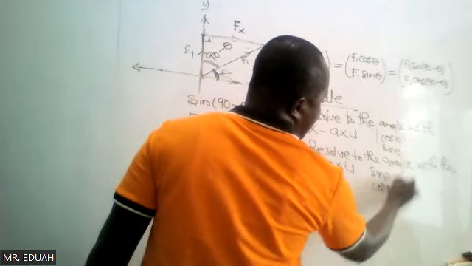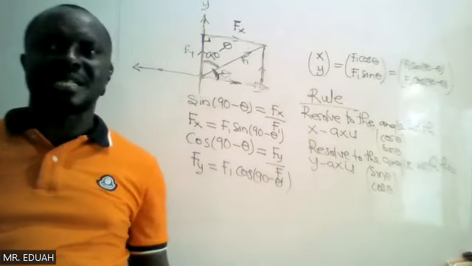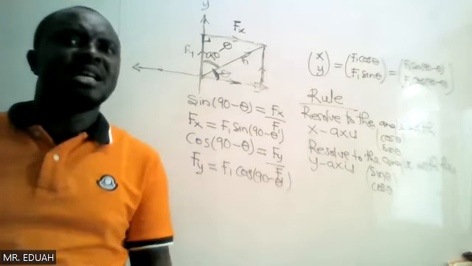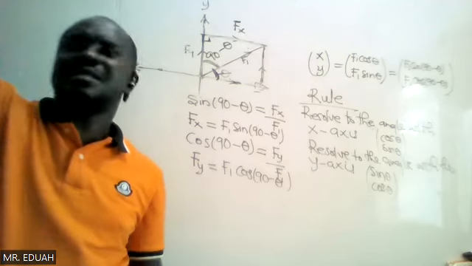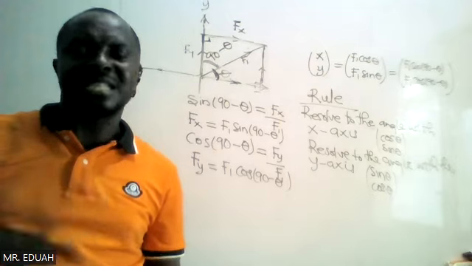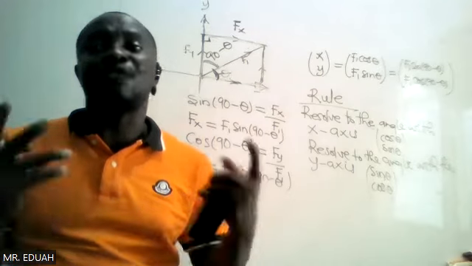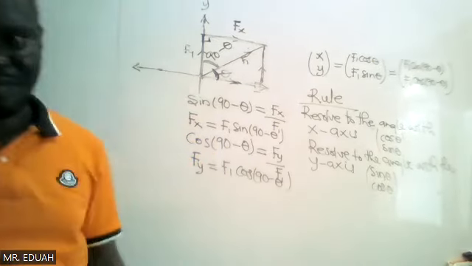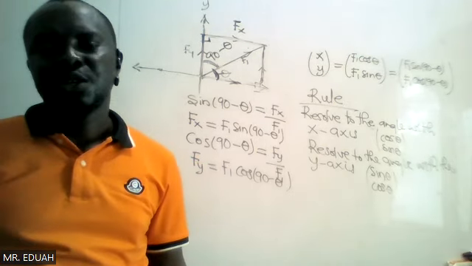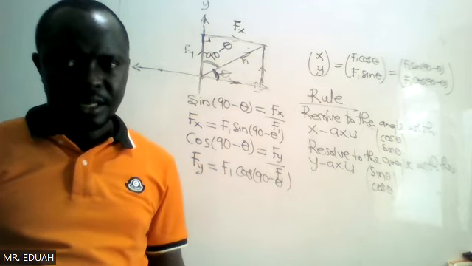So depending on where you are looking at, whether it is the angle with the x-axis, the components become cos, sine. If it's the angle with the y-axis, it is sine, cos. But whichever way you look at it, the value must be the same. Any question before I give you real figures to bring this point to clarity? Any question?